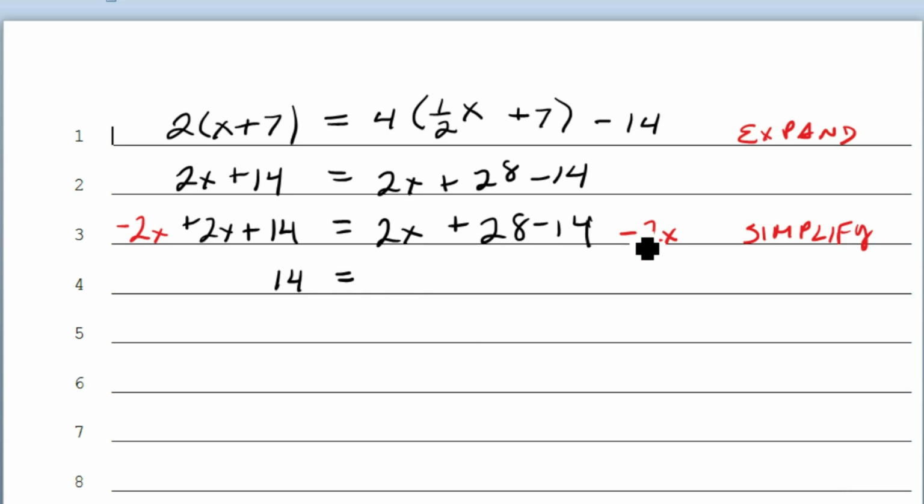Equals minus 2x plus 2x is 0, and you'll end up with 28 minus 14. And simplifying even more, you'll have 14 equals 14. The variables disappeared, but you're left with a true statement, 14 does equal 14.